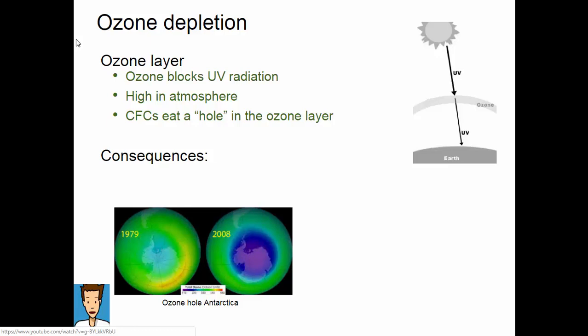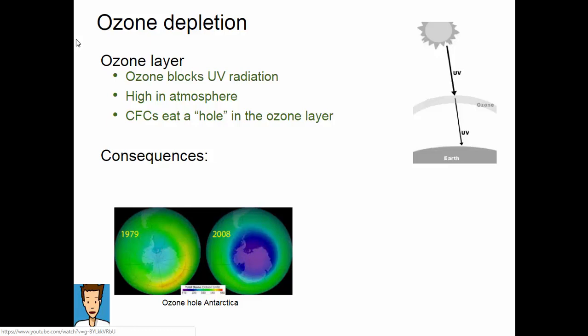The chemicals are called chlorofluorocarbons. This is the main chemical. CFCs, they're abbreviated as. And CFCs used to be frequently found in aerosol cans, like a can of spray paint, a can of hairspray, or something like that. When you press the button, there's hairspray coming out, but there's also what's called a propellant, which is carrying the hairspray out of the can.